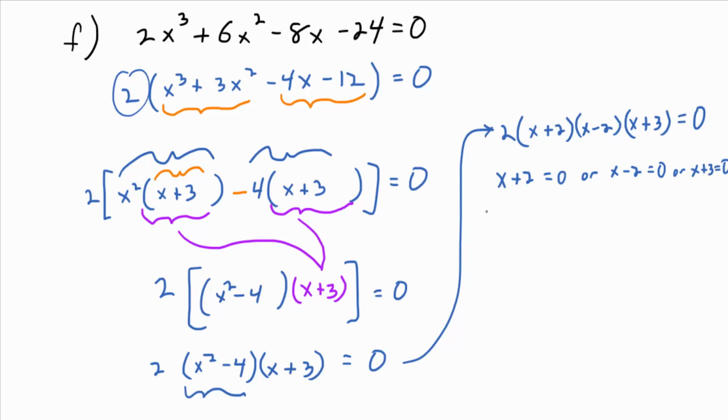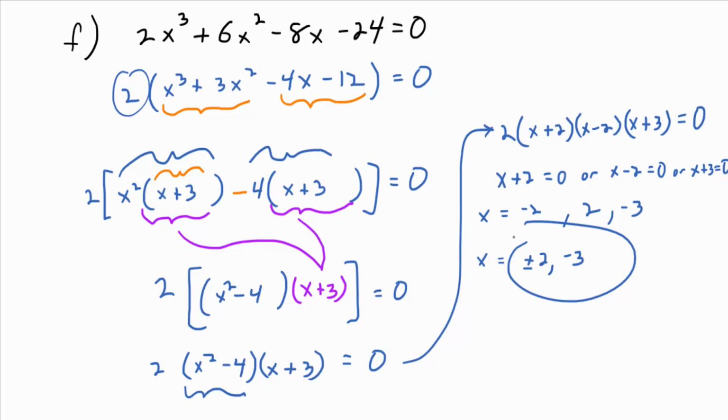So what do you get? x equals -2 from this one, +2 from this one, -3 from this one. You could write that as plus or minus 2, comma, negative 3 if you want. It's an or statement that separates all of those solutions because you only have one solution at a time.